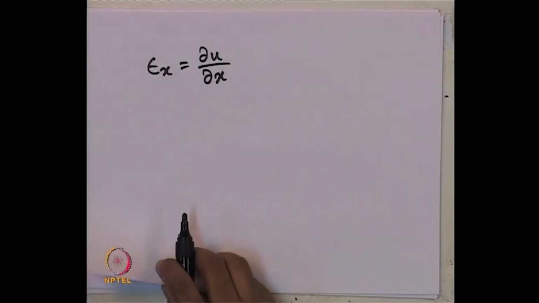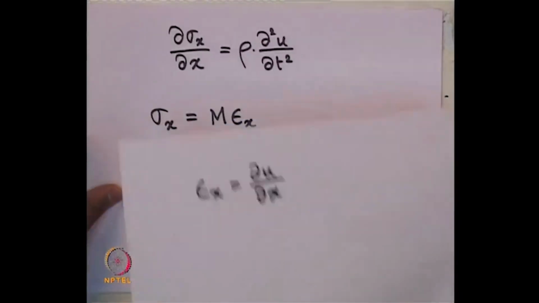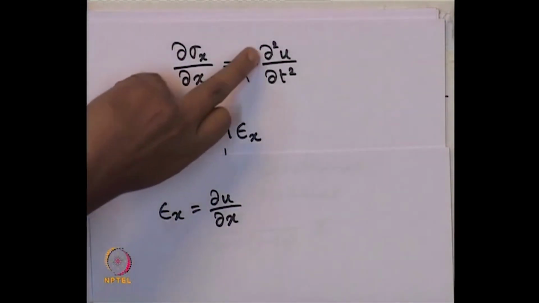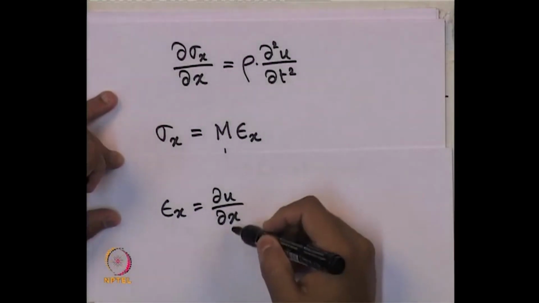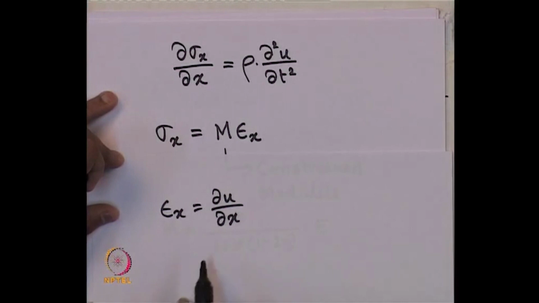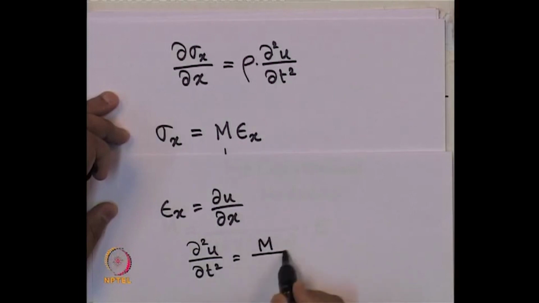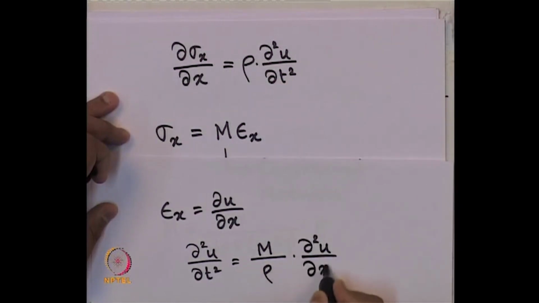So, if we put these expressions in our first equation, that is del sigma x by del x equals to rho times del 2 u by del t square, we can simplify it and rewrite it as del 2 u by del t square equals to M by rho, rho goes here, del 2 u by del x square.